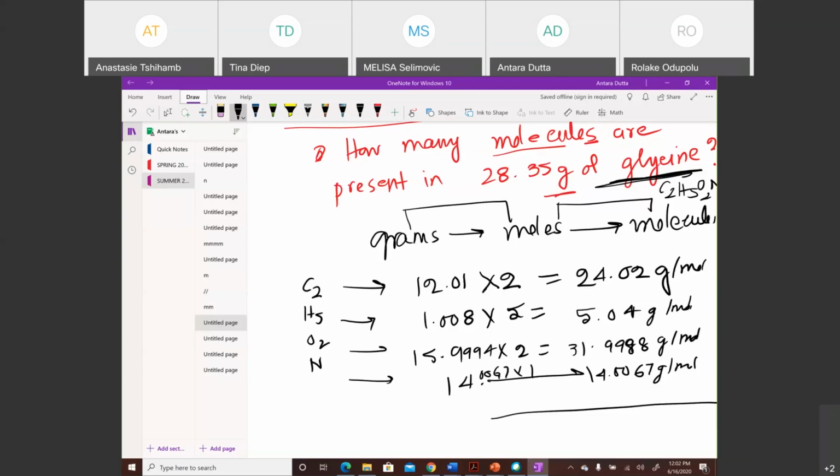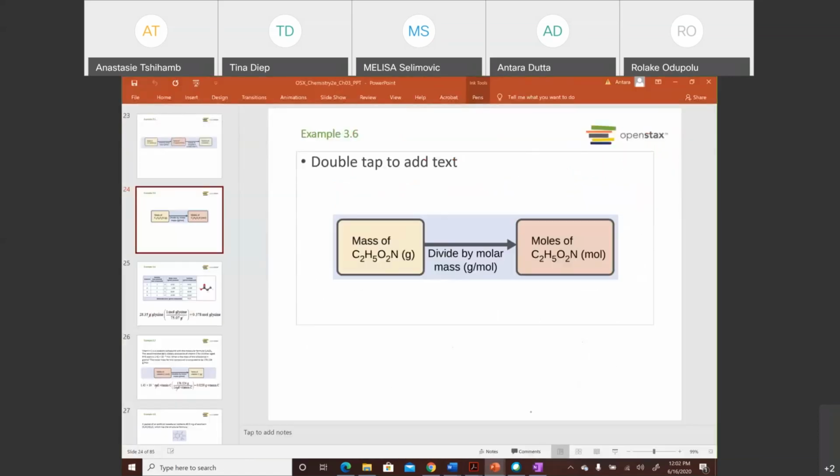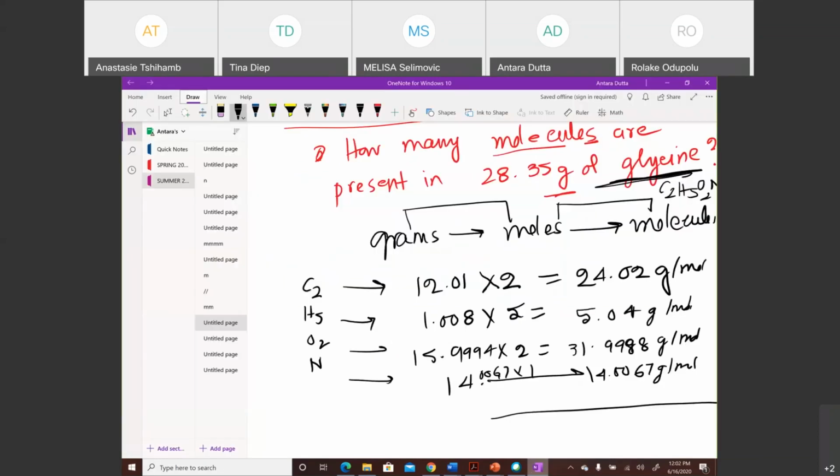Is 628 the one that you are getting? I got 75. 75? I don't know, my calculator... It is 75, right. So yeah, my calculator is wrong.